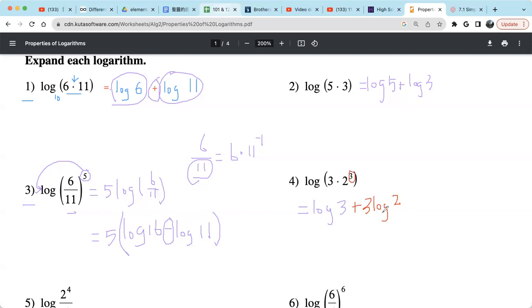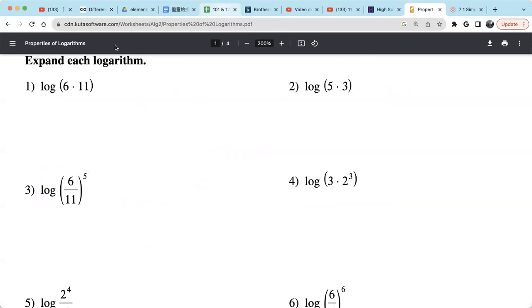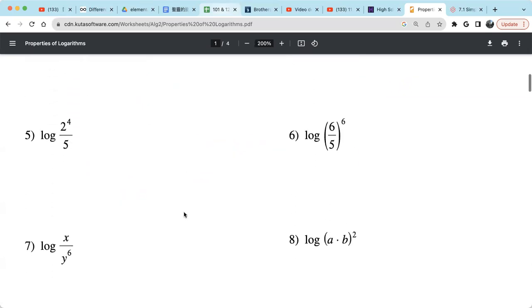So when I do log, I have log of 2 raised to 3, then the exponent 3 of 2 moves in front of the log. So 4 is log 3 plus 3 log 2. Okay, I have to clear this and stop sharing, and then go to the next one.